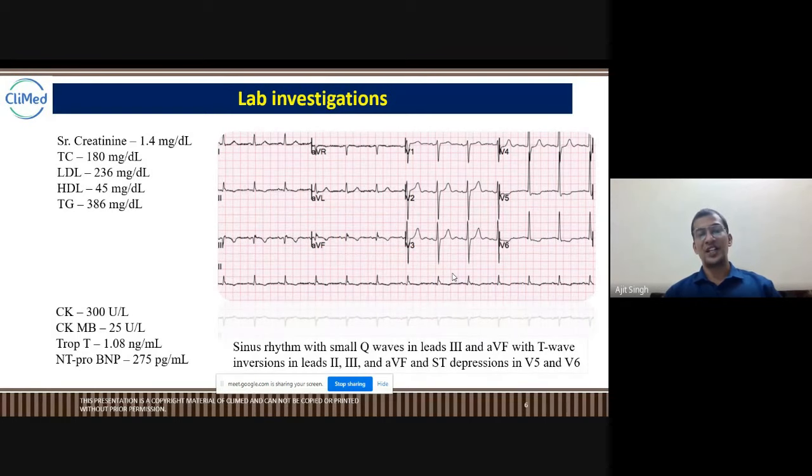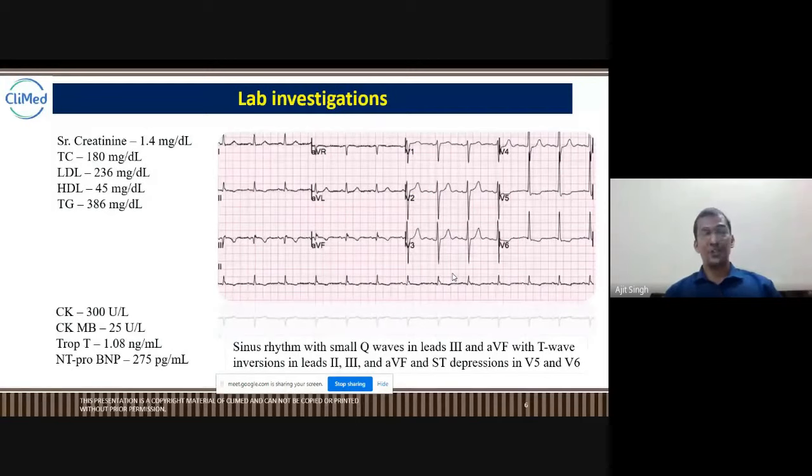Okay, so in CKD patients, the normal range of NT-proBNP is 900 picogram per ml. In patients more than 60 years of age, we can consider 300 picogram per ml. In normal adults, it should be less than 150 picogram per ml.